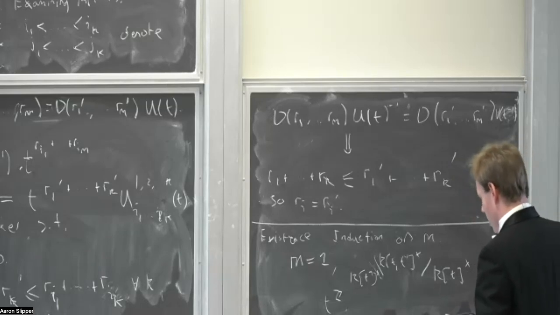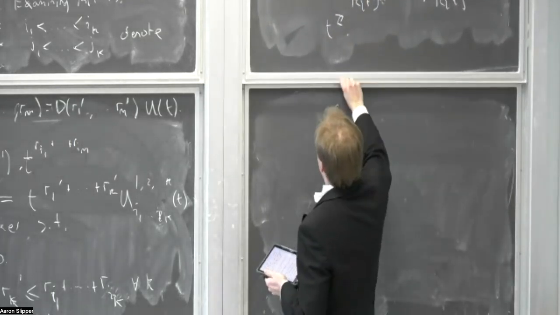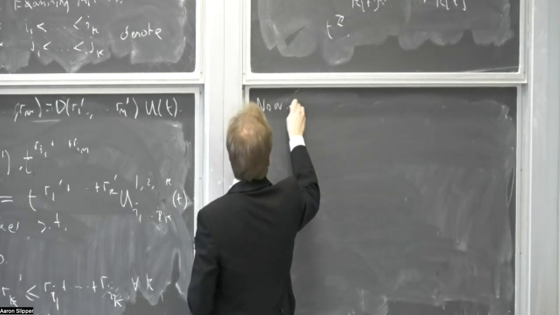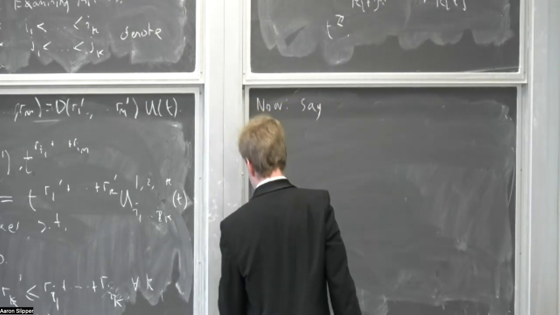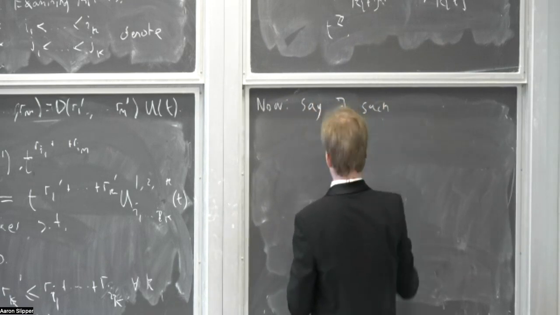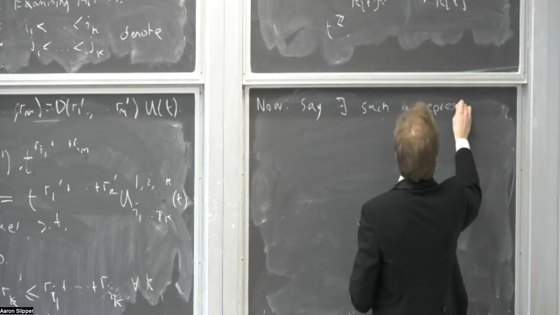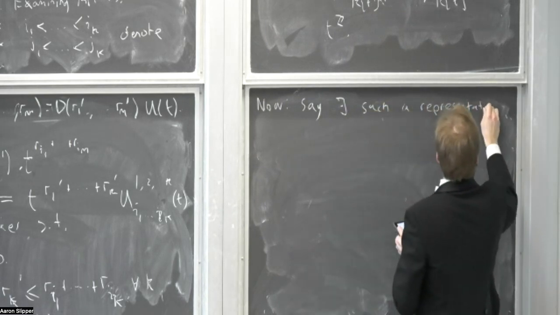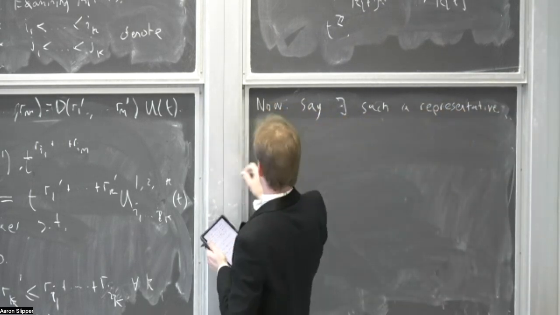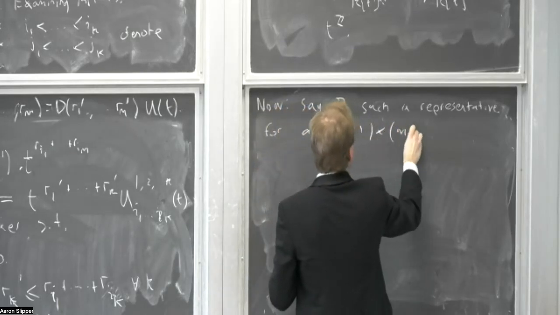All right. So now, saying there exists such a representative in the double quotient for all m minus 1 by m minus 1 matrices.